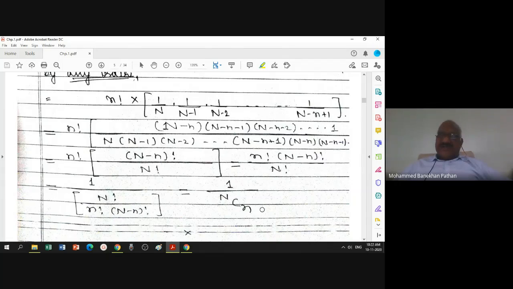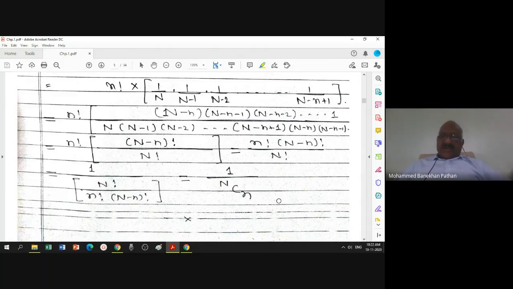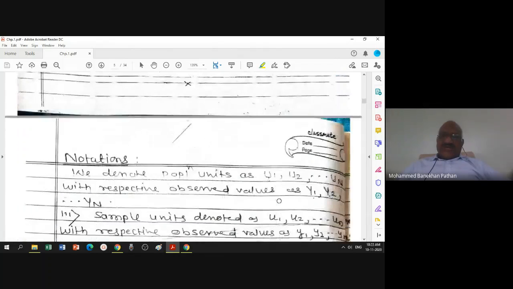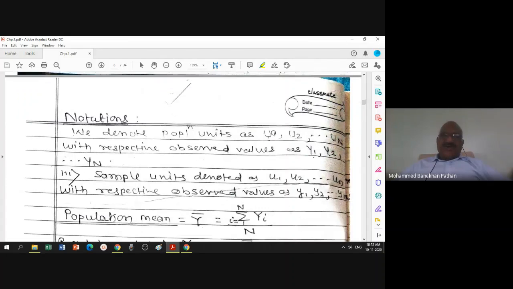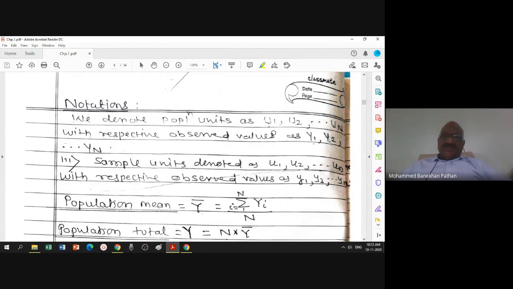The chance of selecting a sample of size n from population of size capital N is 1 upon NCn. Very important result. Now to study in detail for making inferences from a sample, we require certain notations. So firstly, we'll study notation and then go ahead.